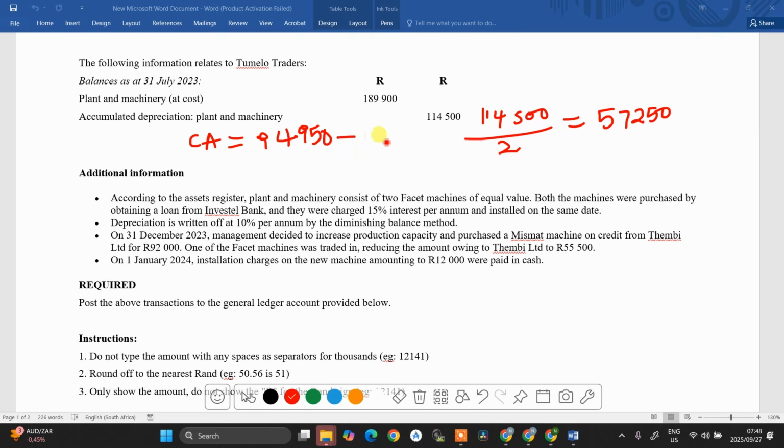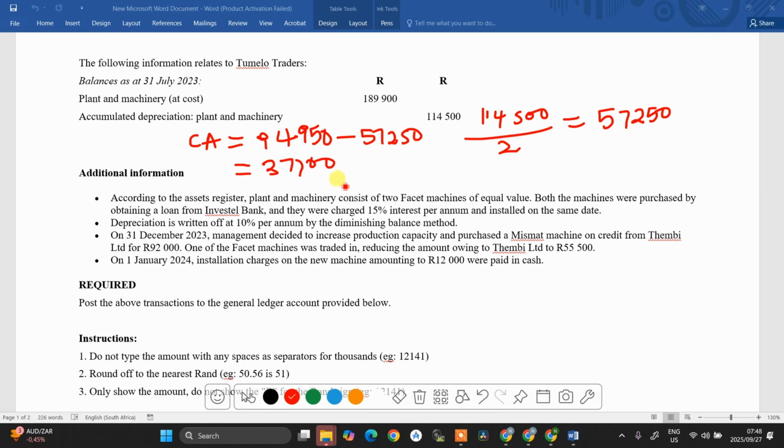In this case, it's going to be 57250, and then this is going to give us the carrying amount. Okay, so let us use our calculators to get the carrying amount. It's 94950 minus 57250, and what I get is 37700. So this is the carrying amount.